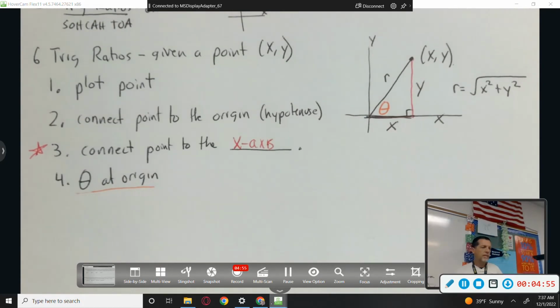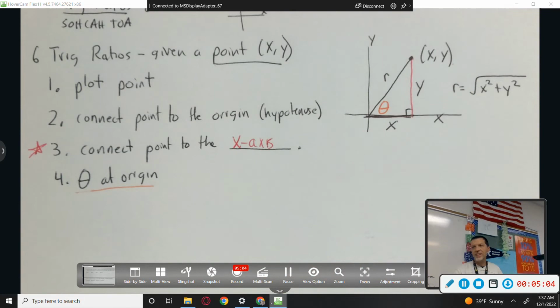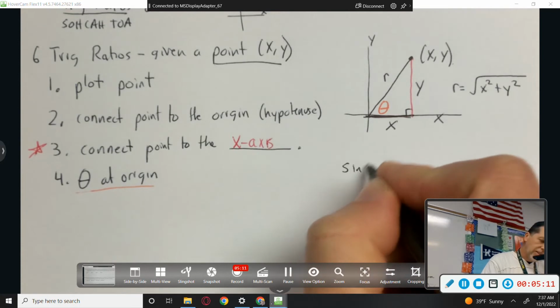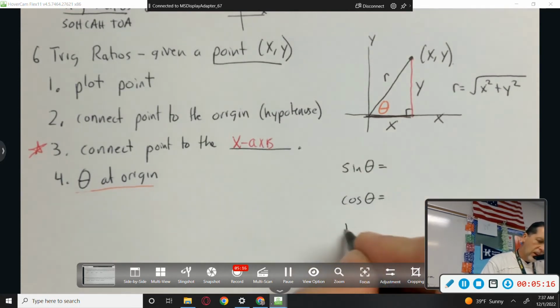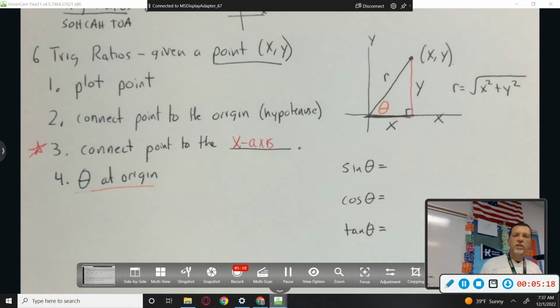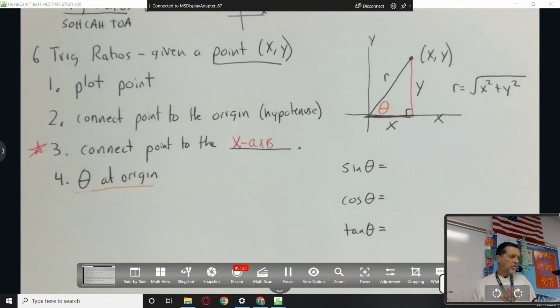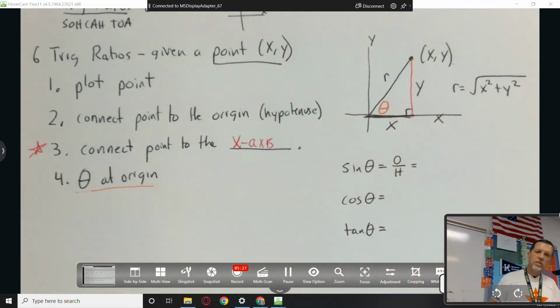But now we're ready to do SOHCAHTOA. So we took it from a point, made it a triangle, and now we can use what we already know. So let's just list out the three main trig ratios. The other three we can just get by doing the flips. So sine of theta is opposite over hypotenuse.